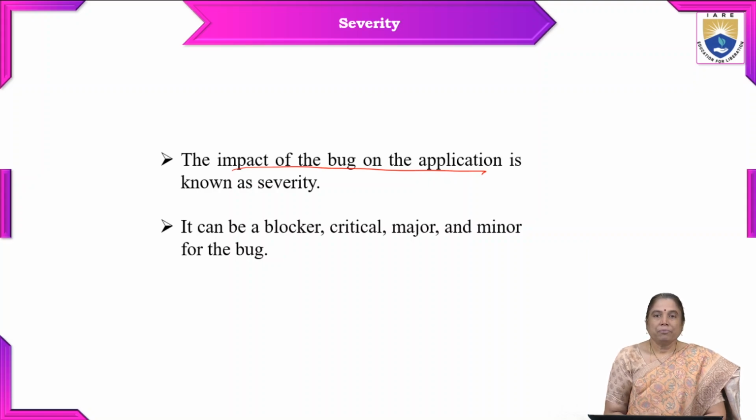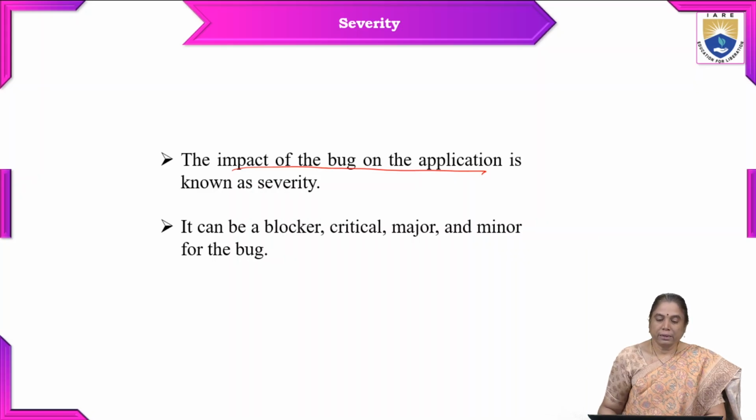Major means if the modules are not properly integrated, the interface errors are generally considered in the major severity. Minor means the cosmetic errors, the font, color, look and feel errors, which generally come under the minor severity level. So according to the bug identified, the severity level can be measured, which is used to assess the impact of this defect on the application.